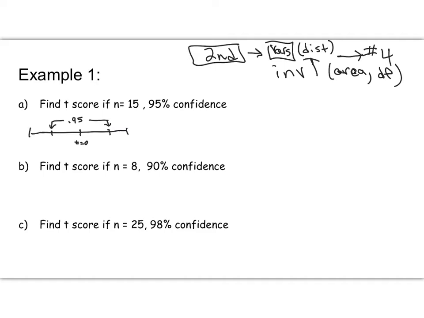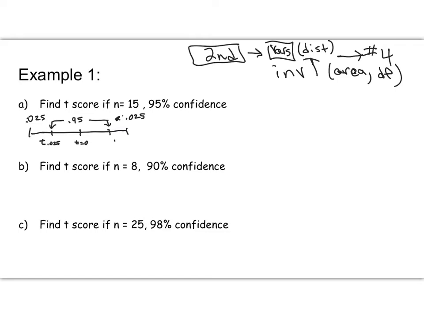All right, so the value left in this end, or tail, would be 0.025, and the same in this end, 0.025. So I'm looking for alpha over 2, which is 0.05 divided by 2, which happens to be 0.025.